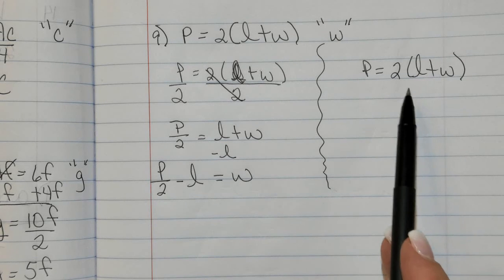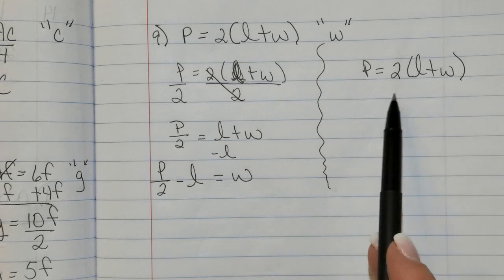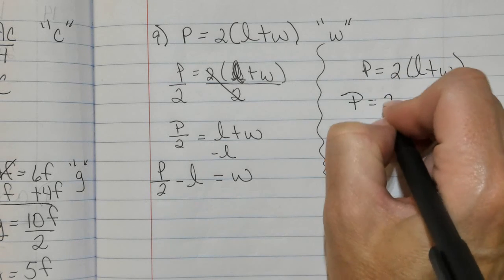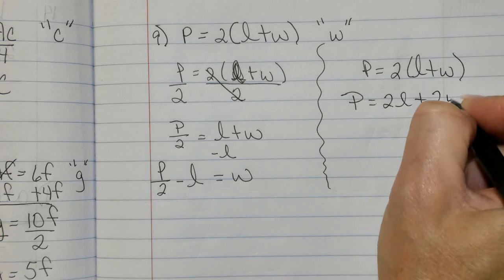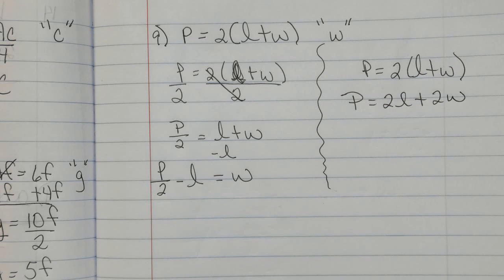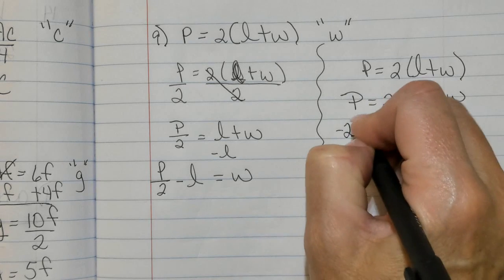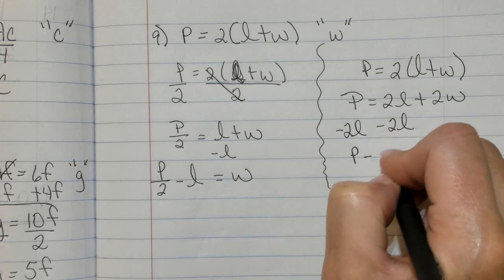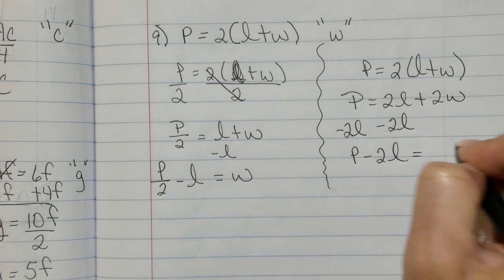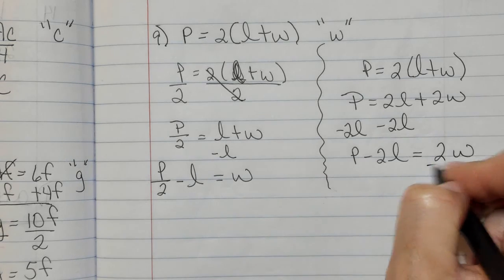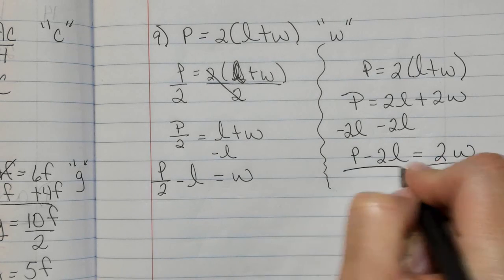All right, so then, did you distribute? Okay, that's fine too. All right, so you did 2L plus 2W, and then you started moving pieces. So what did you move first? The 2L, okay. So you ended up with P minus 2L equals 2W, and you divided by 2.